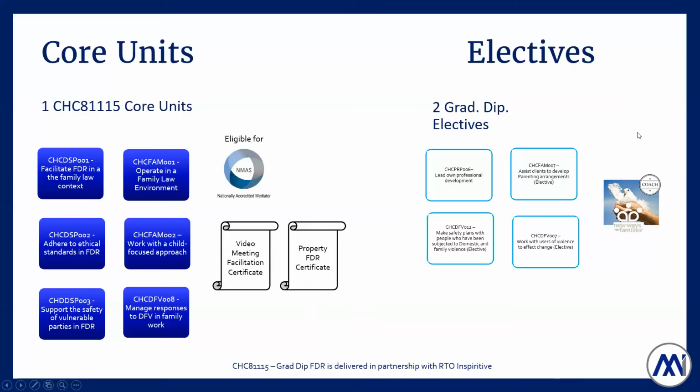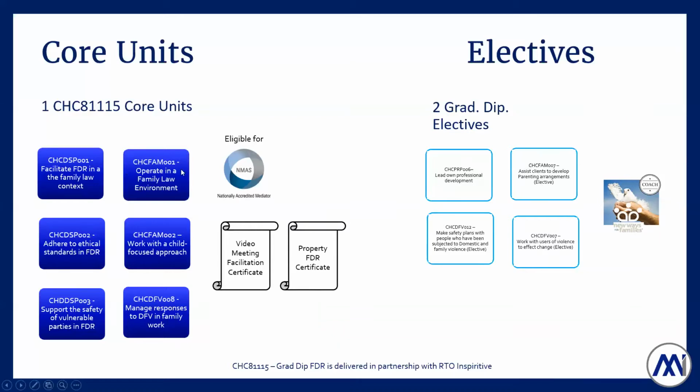The electives, there are 4 electives. Now, we've got a set course with 4 electives. If you have experience in a relevant area, then it's possible to apply for recognition of prior learning. So we can do a recognition of prior learning assessment for the electives.